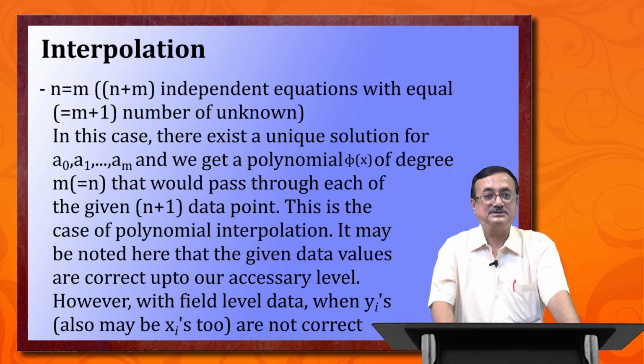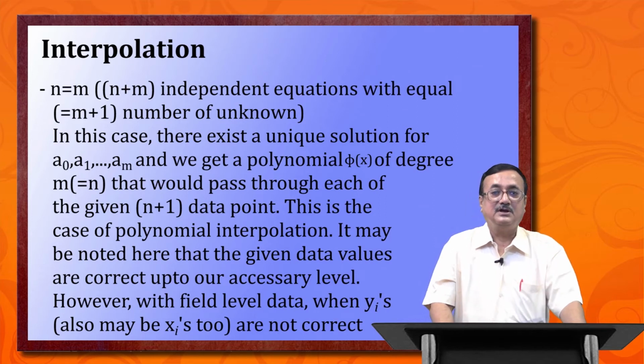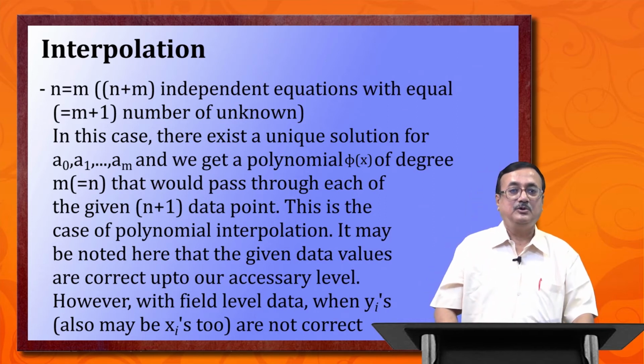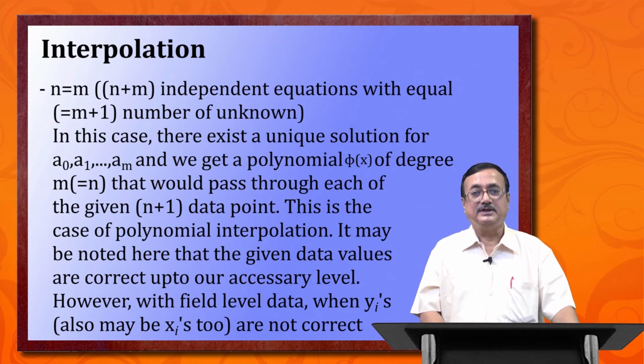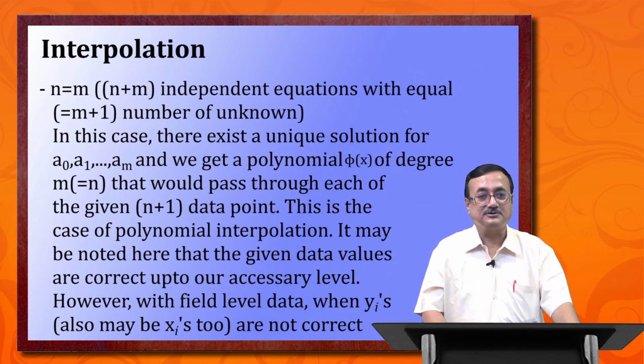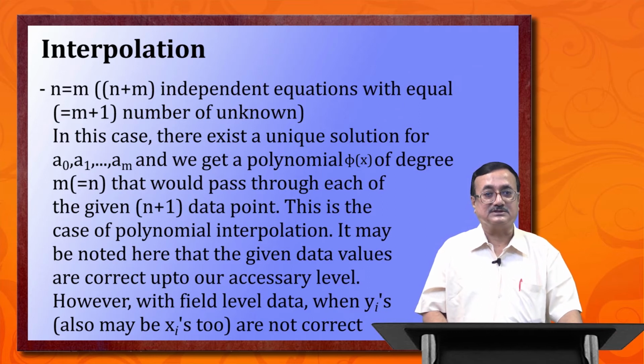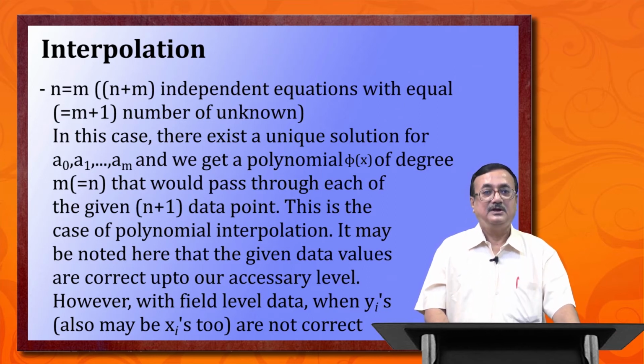It may be noted that here the data values are correct up to our accuracy level. However, with faulty data, when the yi's, maybe xi's also, are not so accurate, then the use of interpolation does not give any meaningful result. Let me explain this point.